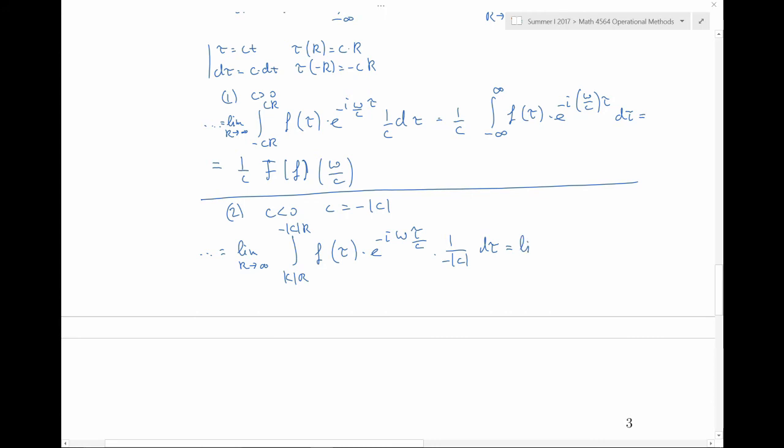So this is still going to be the limit as R goes to infinity, 1 over absolute value of c, the integral from minus absolute value of cR to positive absolute value of cR, f of tau, e to the minus I omega over c tau d tau, which equals 1 over absolute value of c, Fourier transform of f, computed at omega over c.